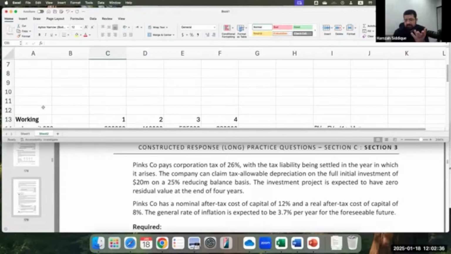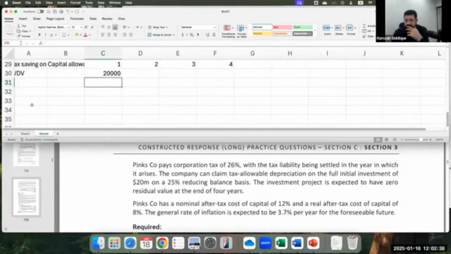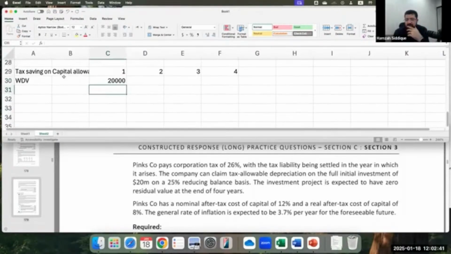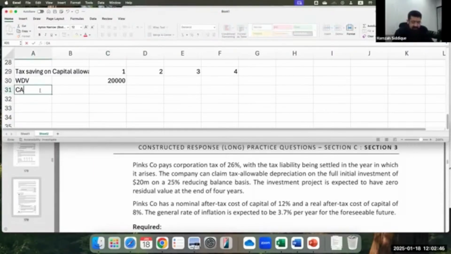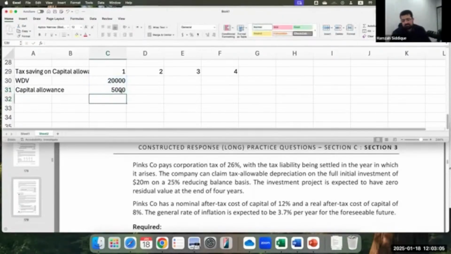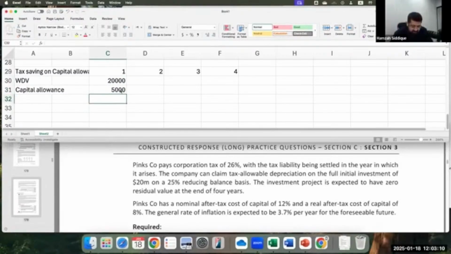This is the written down value of machinery at the start of year one. Now, capital allowance is depreciation into 25%, on a 25% reducing balance basis.